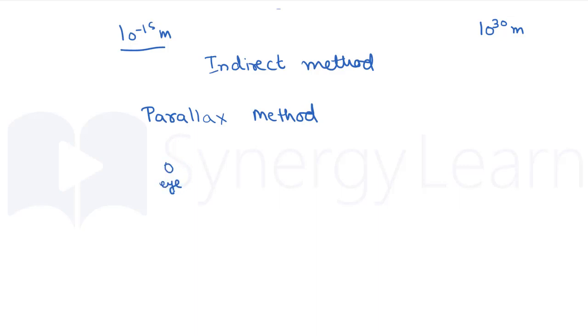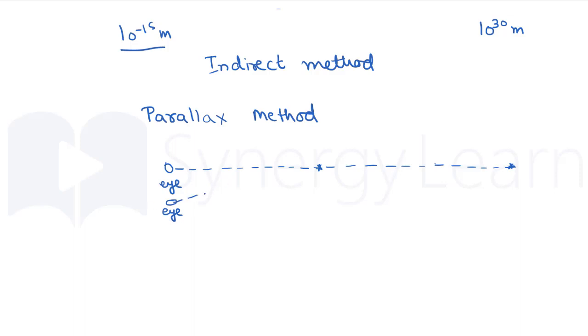Say our eye is focused on some object and behind this object at large distance is another object. Say the two objects are in line in front of our eye. Now I shift my location to a nearby place.